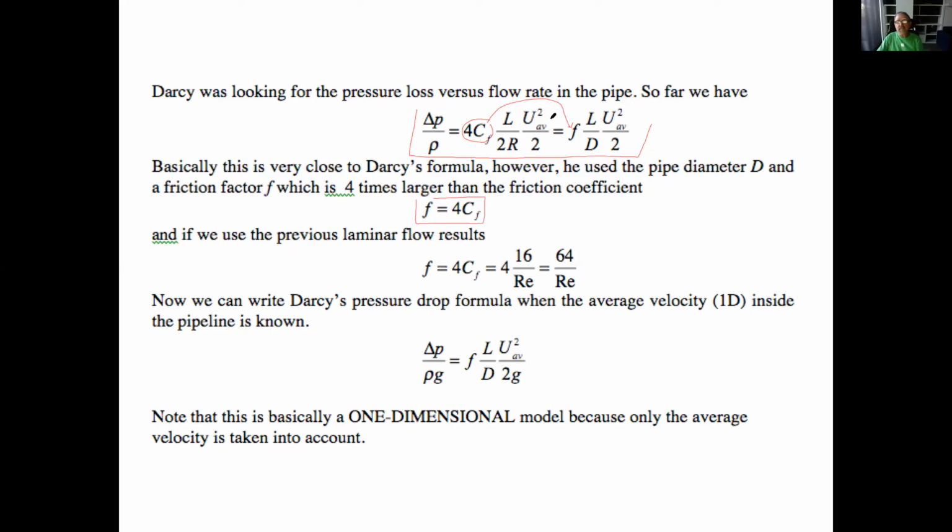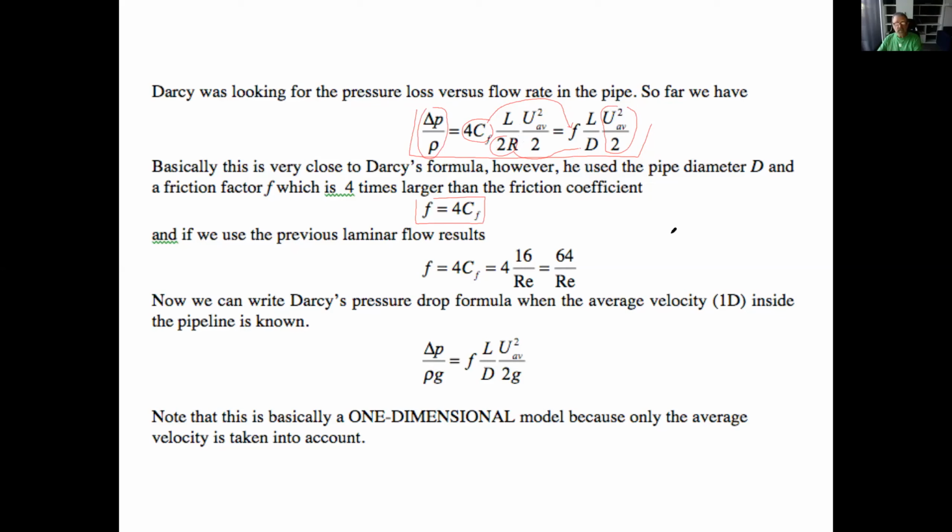L and L remain, and the average velocity remains. He said that instead of the 2r, I ended up with a diameter, and he left it with u squared and delta P over rho, because it looks very similar to Bernoulli.